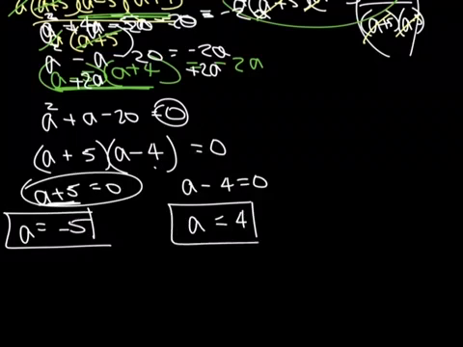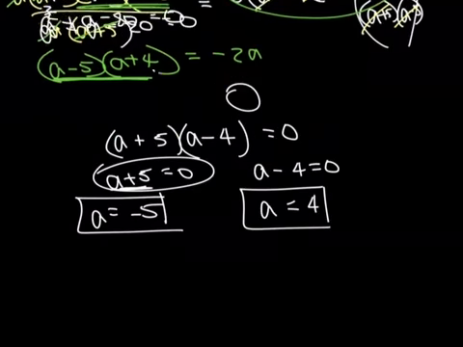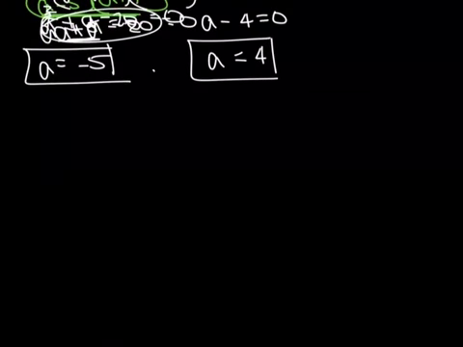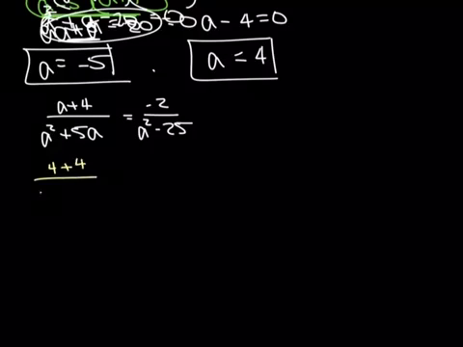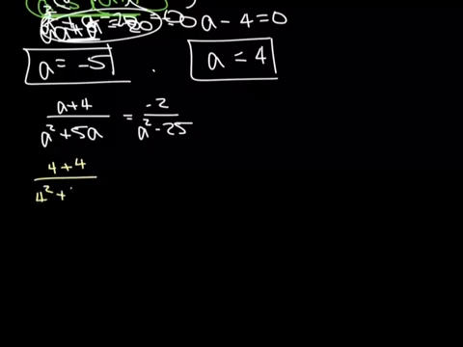Alright, so again, I have to go through and check these guys, see if they work. So let's go ahead and move everything up, bring the original equation back, and put negative 5 and 4 in. So let's put 4 in. So 4 plus 4 over 4 squared plus 5 times 4.